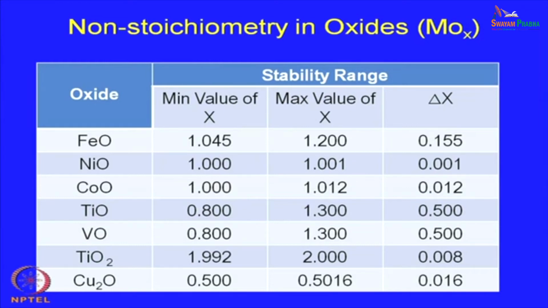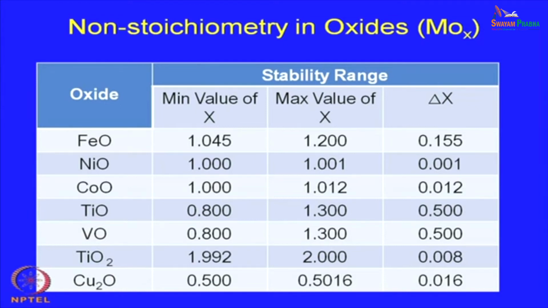Normally, as per the formula, it should have been 1, but in actual practice it may vary, which is quite a large deviation. All the time it is more than 1, which means oxygen is more than 1.